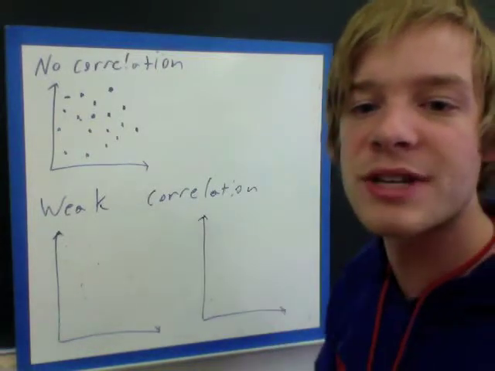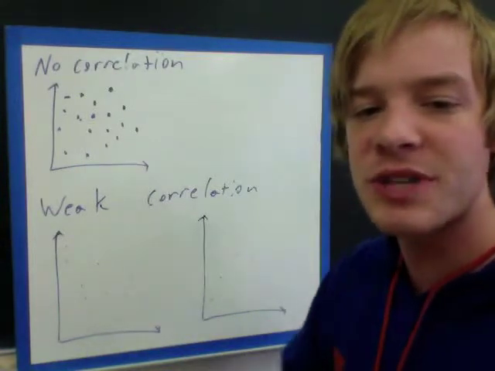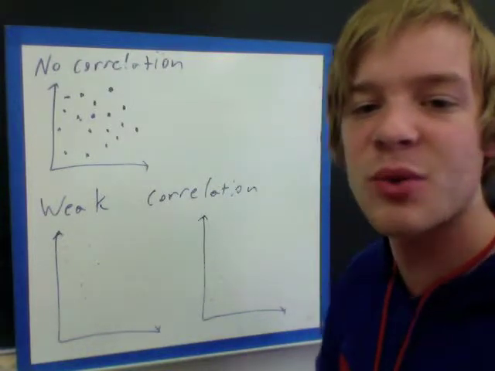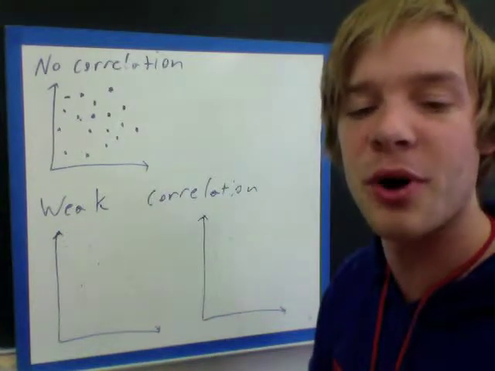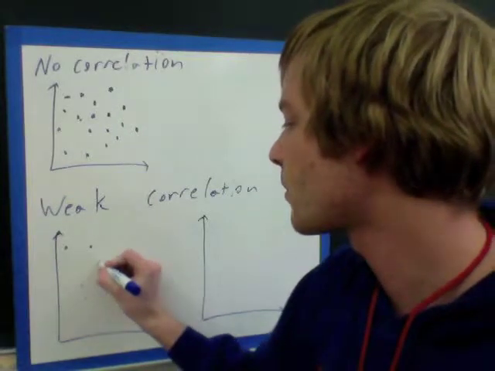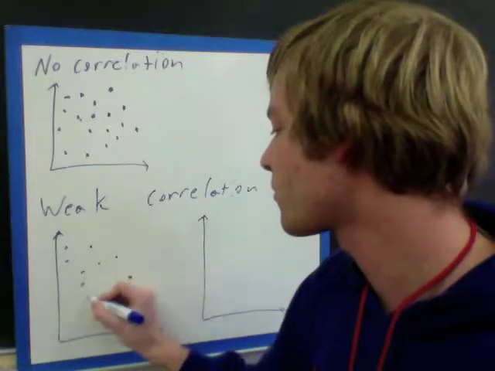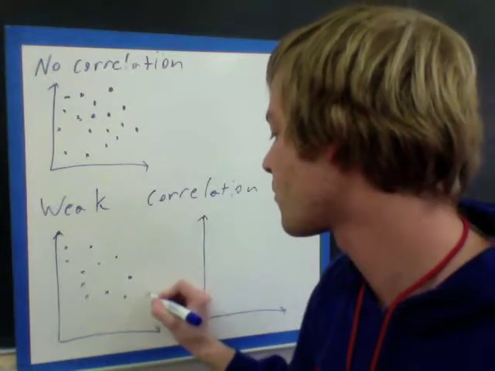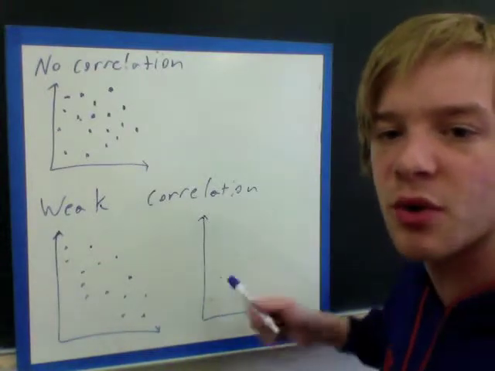Weak correlation is if our dots are starting to sort of come together to look like a line. We can sort of tell which direction they're going, but they're still spread pretty far apart. So here we've got one example of weak correlation.